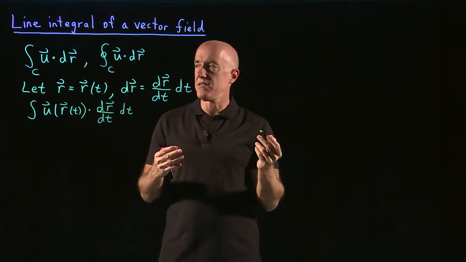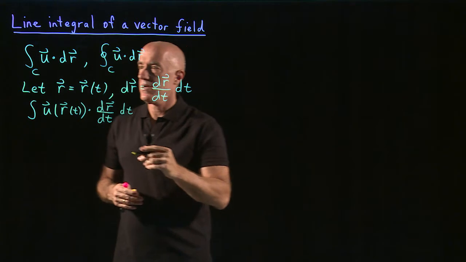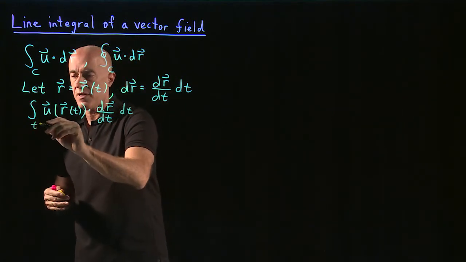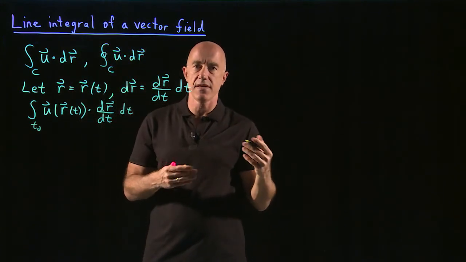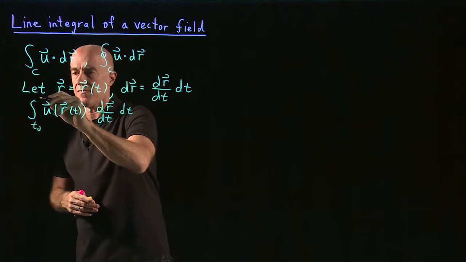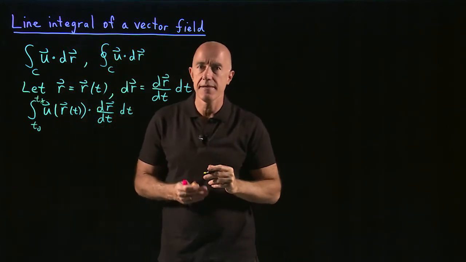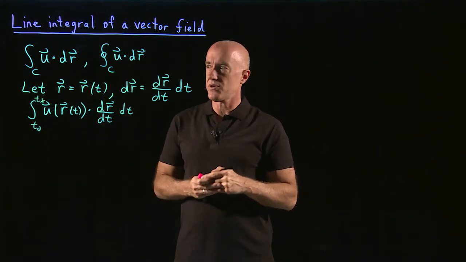And the curve then has some starting value and some ending value. So let's say r of t naught is the start of the curve. So we would put t naught here, and then r of tf is the ending position of the curve. So we would put tf here. Okay? That's how you do it by parameterizing the curve.